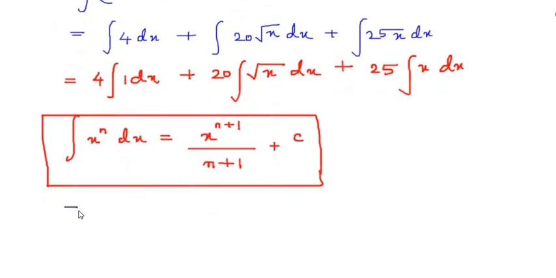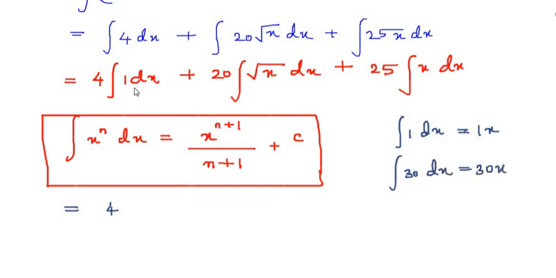So the first one, we are going to write it as 4 and integration of 1. Integration of any constant term, for example, integration of 1 dx just simply becomes 1x. If it is integration of 30 dx, then it just becomes 30x. So we simply write it as times x plus.